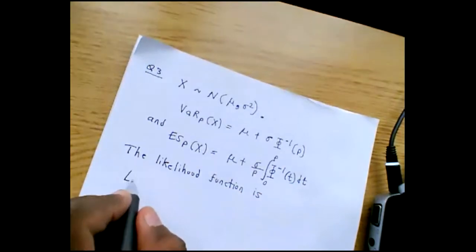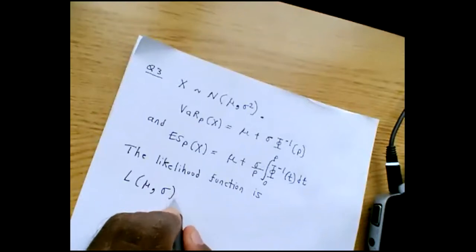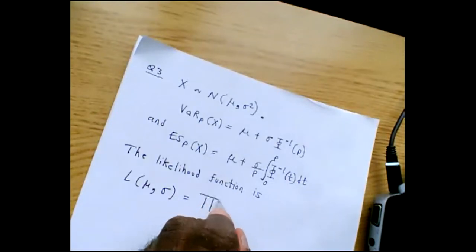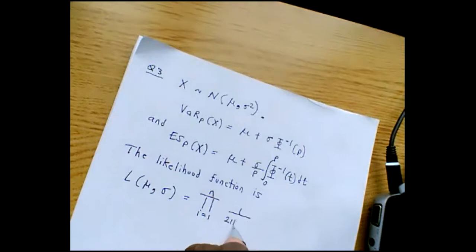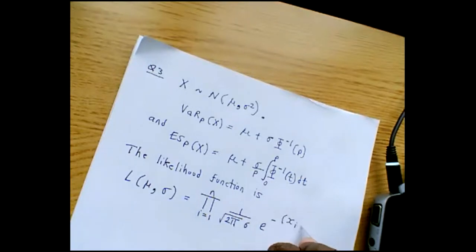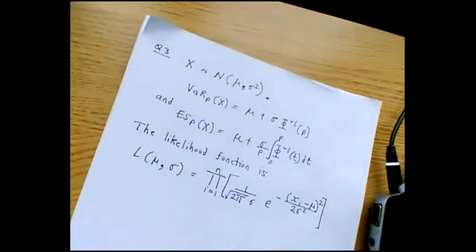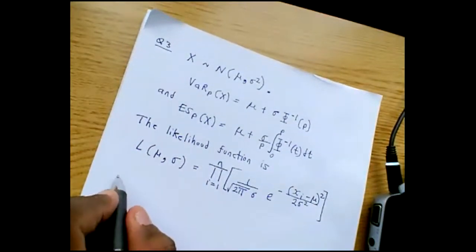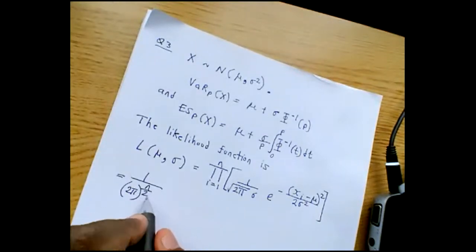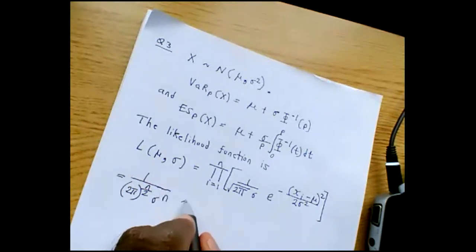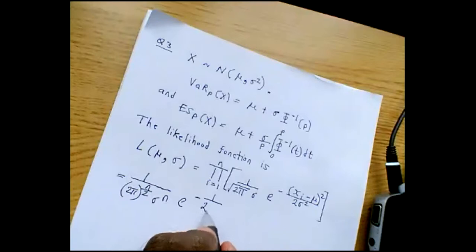The likelihood function is the product of the density function, which is this. Now you take the product of this, and this is what you get.